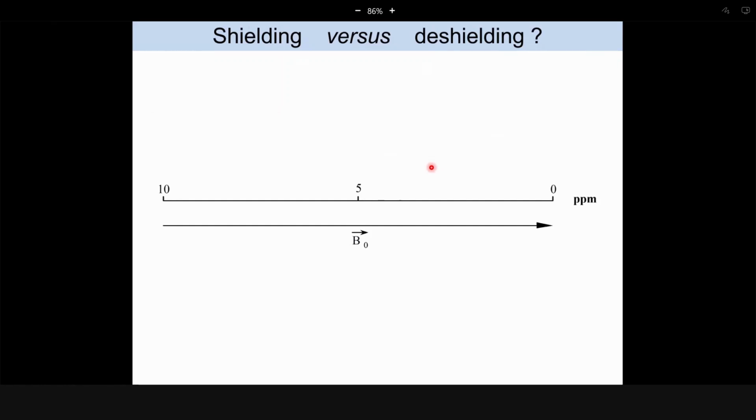We will say the first one is shielded compared to the second one, or these groups of atoms will provoke a shielding effect or a de-shielding effect depending on the nature of the chemical groups.